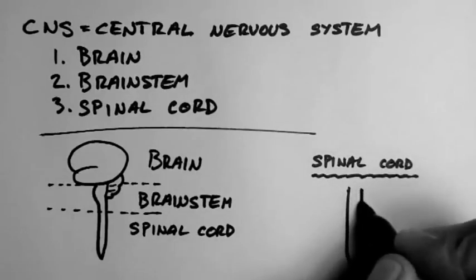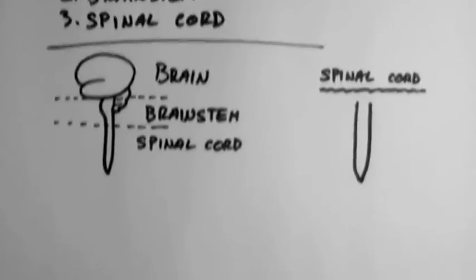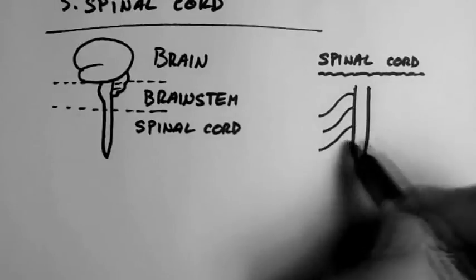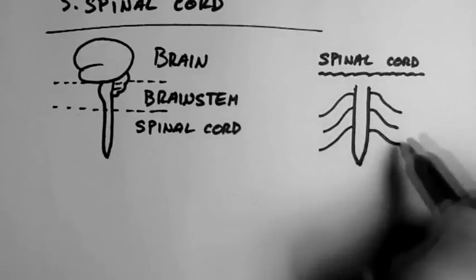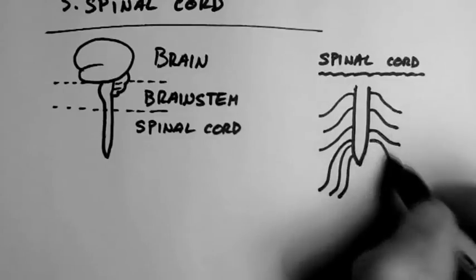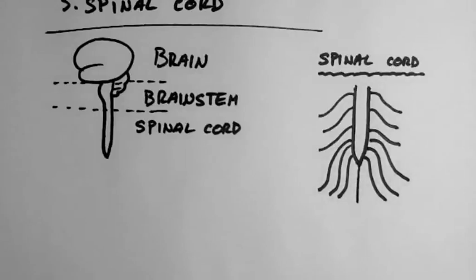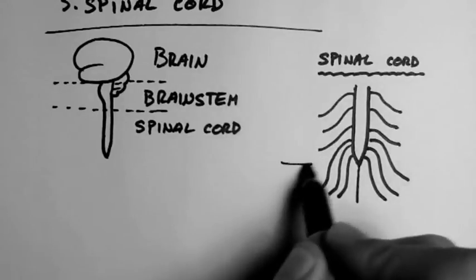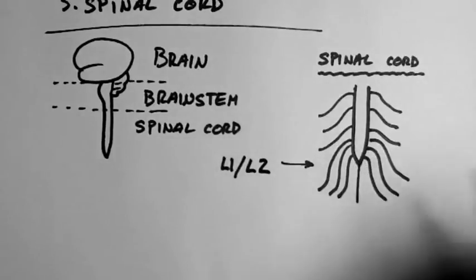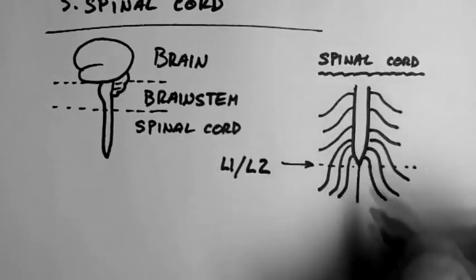The spinal cord hangs down like this from the brainstem. The spinal cord ends at the L1-L2 vertebral level.